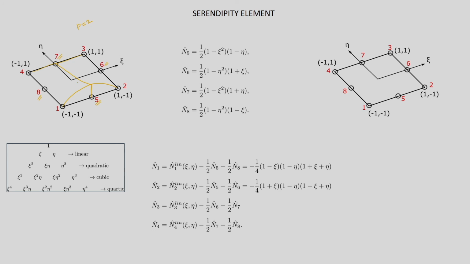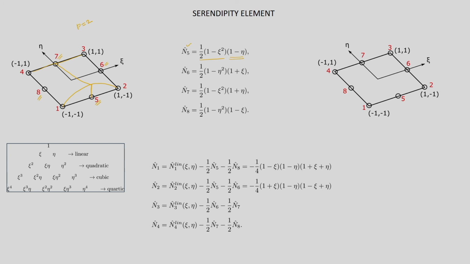Since it varies linearly in the eta direction, this need not be 0 at the midpoint of the element. So, N5 we are constructing as a quadratic function in xi, that is half into (1 minus xi square), because it has to vanish at xi equal to plus minus 1, and it is varying linearly to 0 at xi equal to 1.